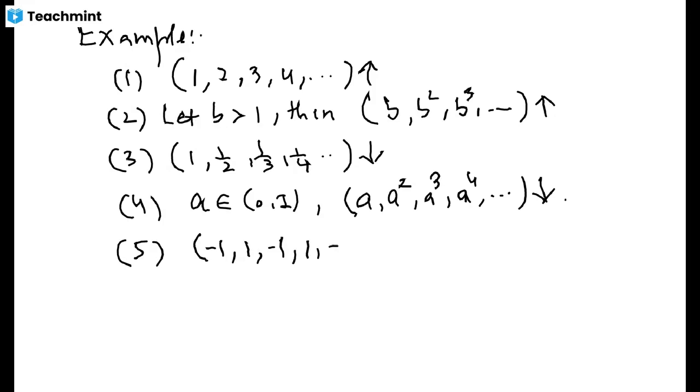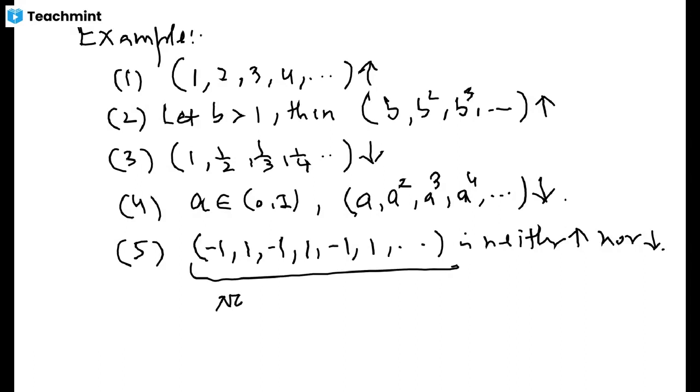If you have terms with alternating signs, then this is neither increasing nor decreasing. So there are sequences which are not monotone. This is not a monotone sequence.